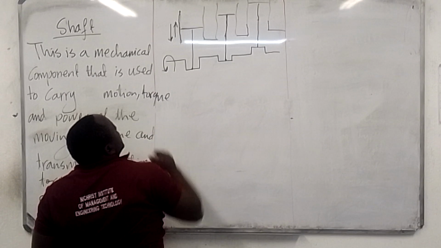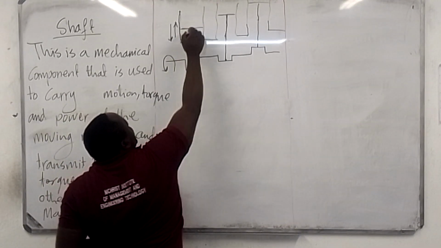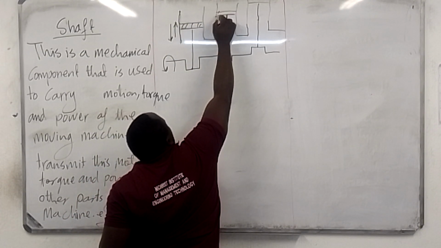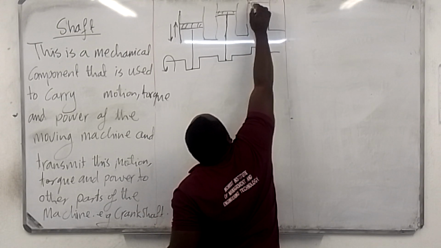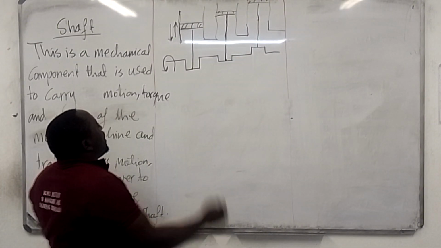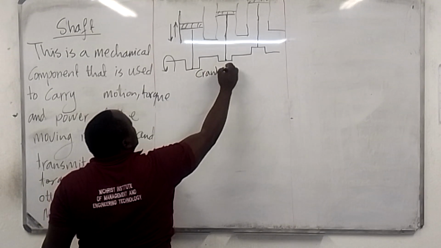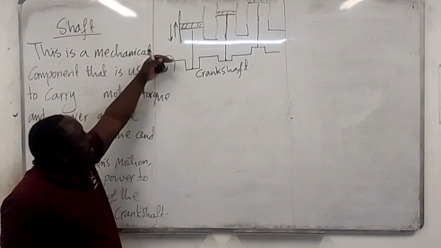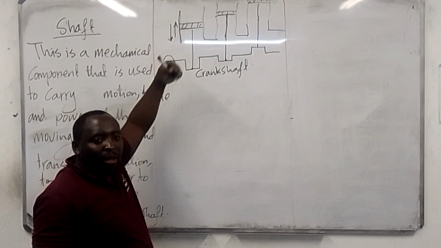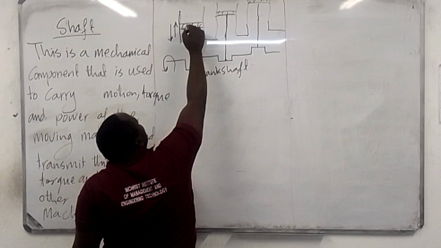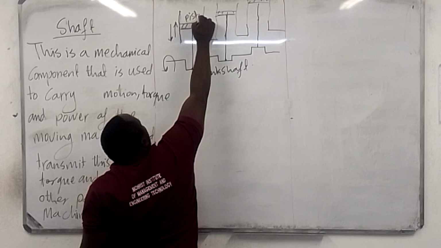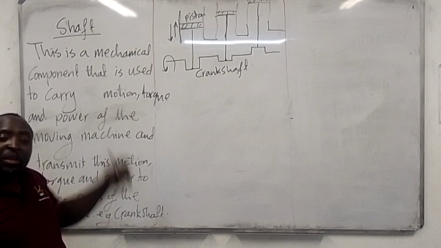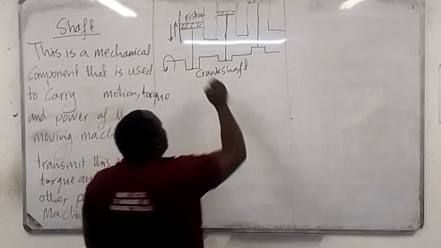This rotates. So what happens is this is the piston. So you have the crankshaft. What happens to the crankshaft? It is carrying the motion, torque and power. Then it is passing it to the piston. But at the same time, it will receive this same motion and power from the pistons and from the conrods, these conrods.